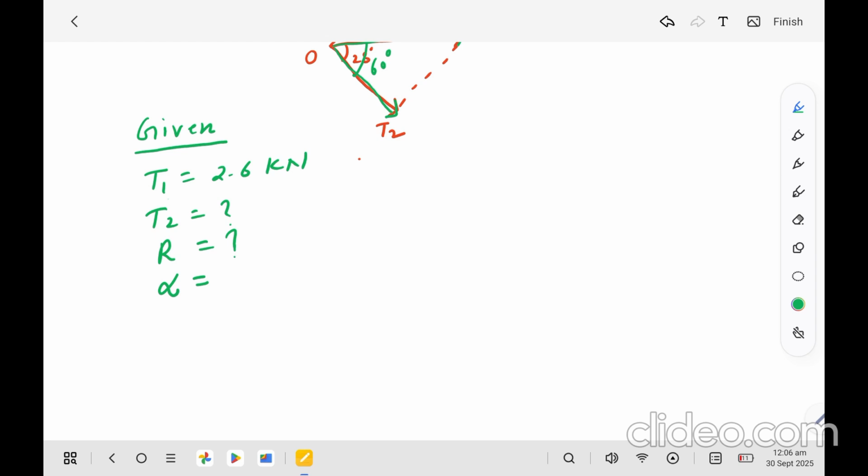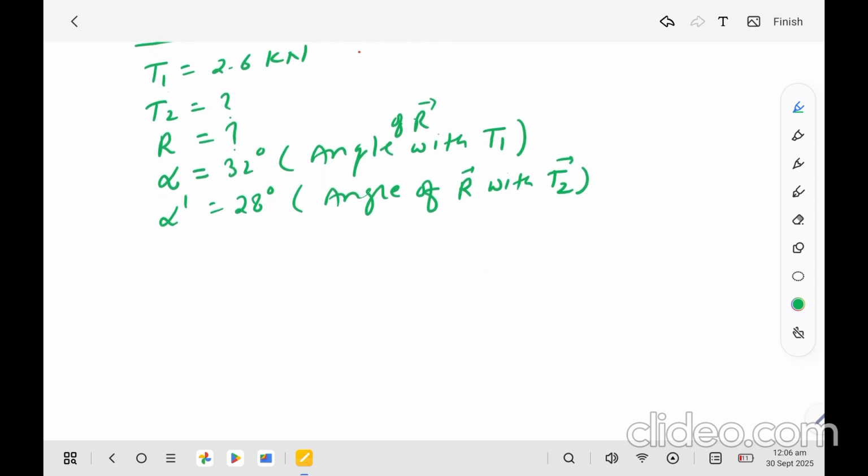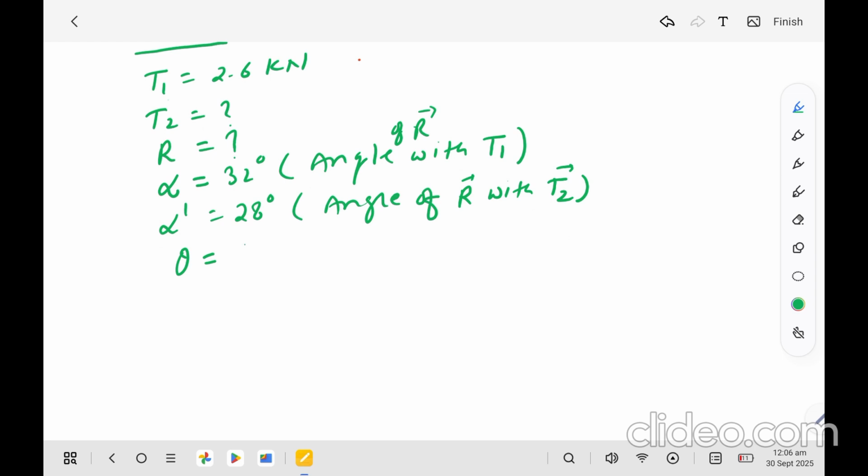Alpha is 32 degree, I am defining this as the angle of R with T1, and alpha prime is 28 degree, the angle of R with T2, and theta is 60 degree, the angle between T1 and T2.